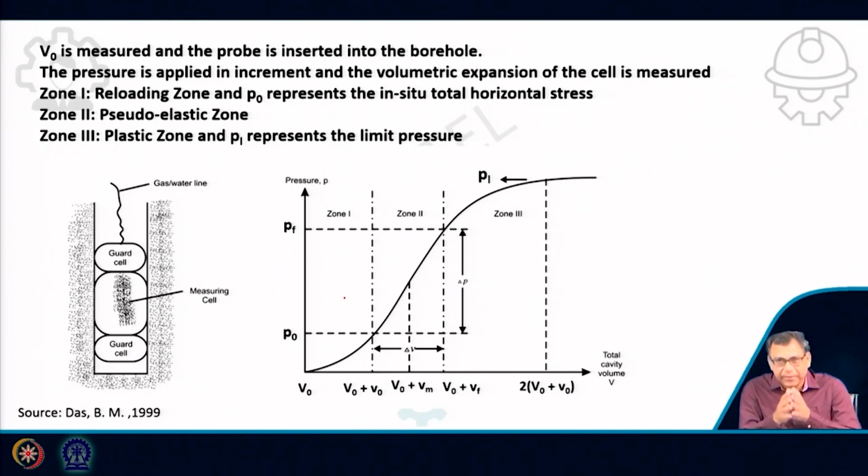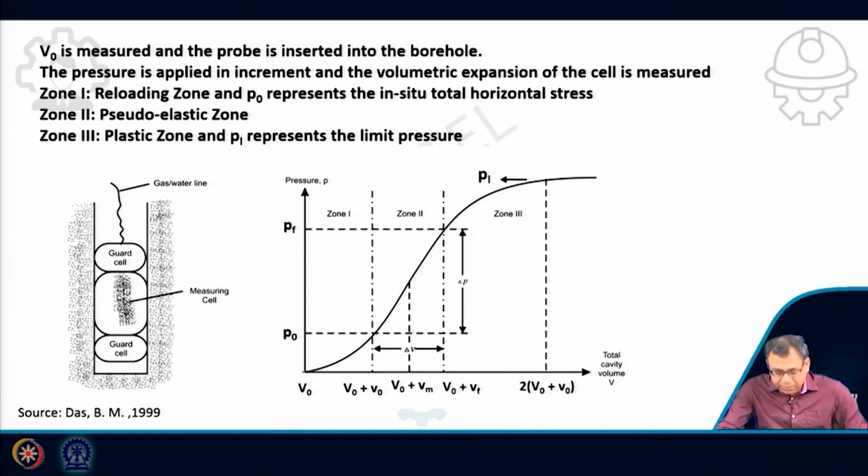Now, when you apply pressure through the probe, the soil will again go back to its original position. That is called the reloading zone. So this is the portion up to P0, where the soil goes to its original position. After that it will start deforming again, and then we can identify P0 and PF.